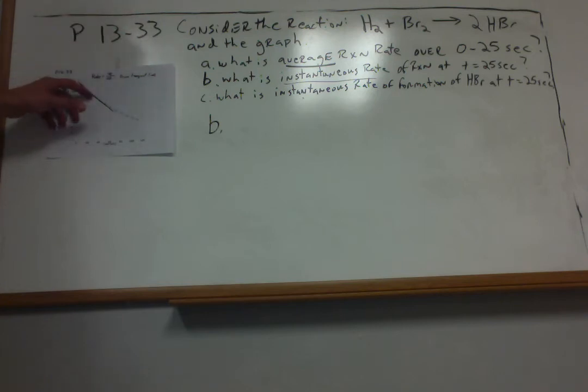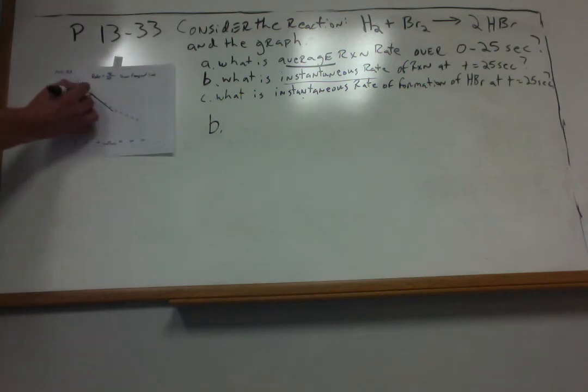And we draw on our plot a tangent line at that point. The tangent line is a straight line that touches our data plot right at the point of interest and basically nowhere else. It's meant to measure the slope of the curve at that very point. We can add it such that it's a good estimate of the slope right at that 25-second point.